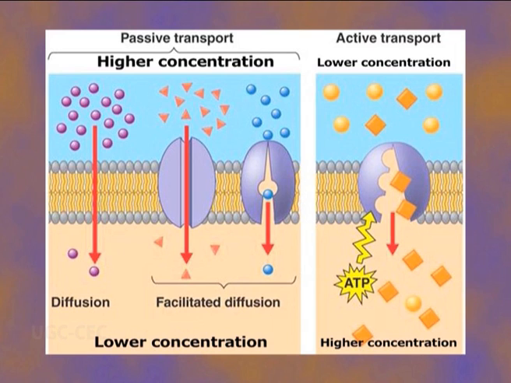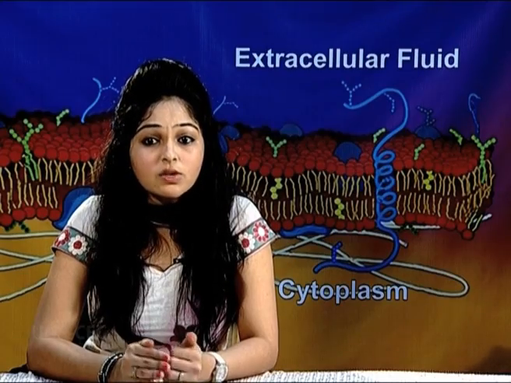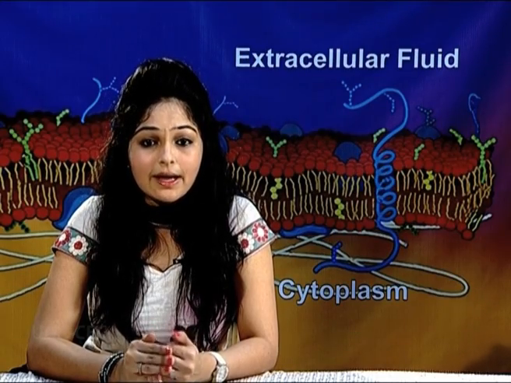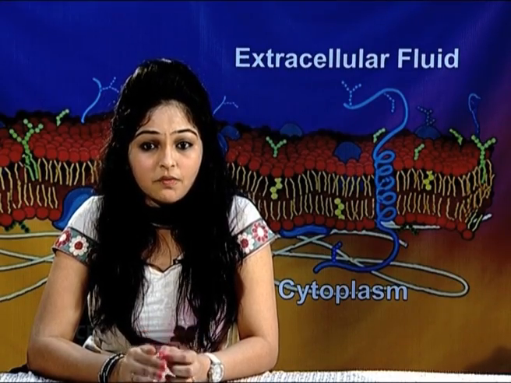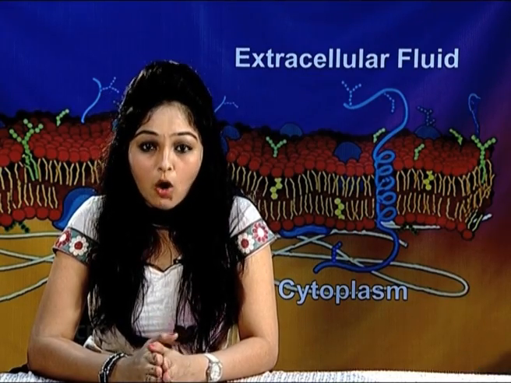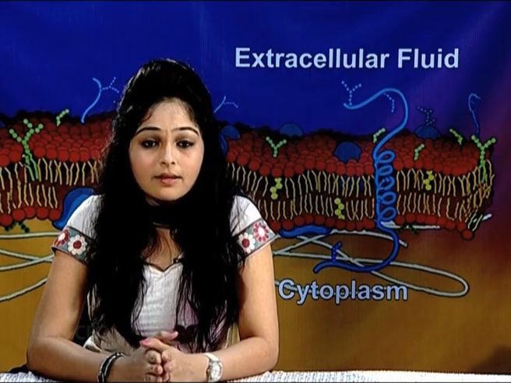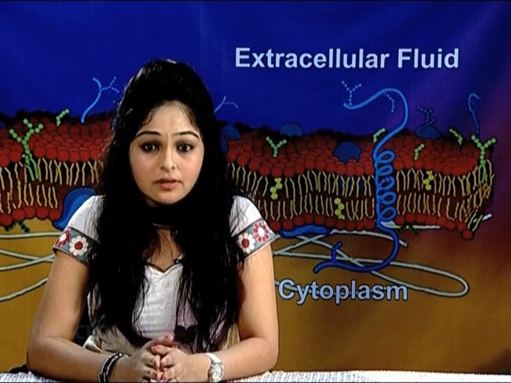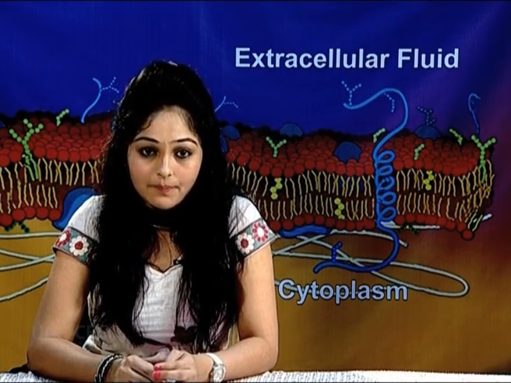The source of energy for active transport may be the high energy molecule ATP or the electrochemical gradient of an ion across the membrane. Common sources of such electrochemical energy are steep differences in sodium ion, that is Na+, or hydrogen ion, that is H+, concentration on the two sides of a membrane.